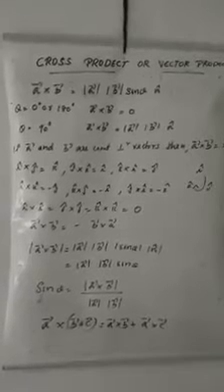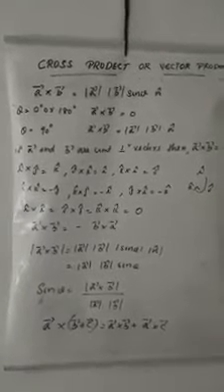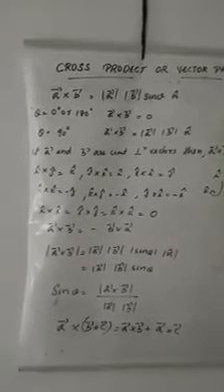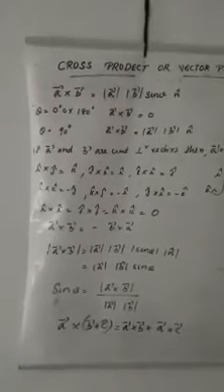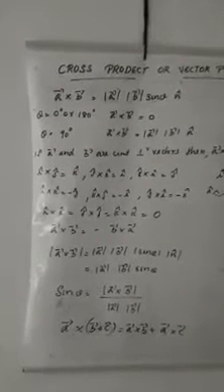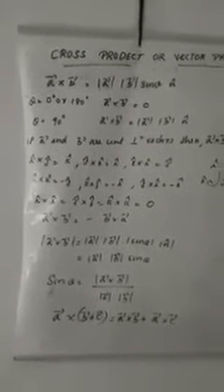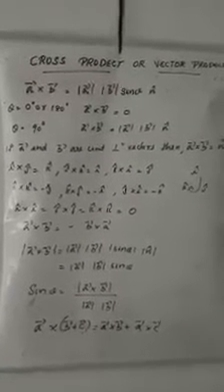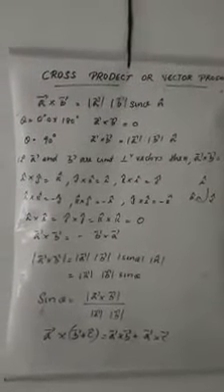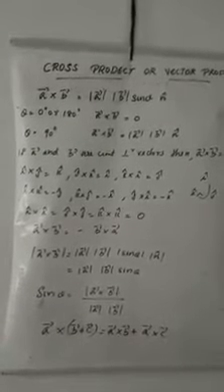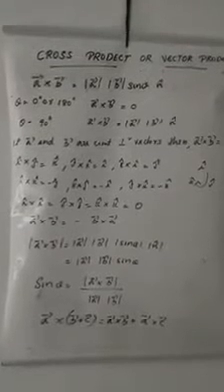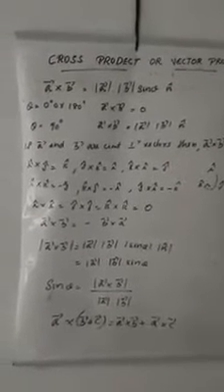N cap is a unit vector perpendicular to both A and B, and its direction is from A to B. Mod A, mod B, sine theta are all scalars, but n cap is a vector. That means the result is a vector. That's why it is known as vector product.